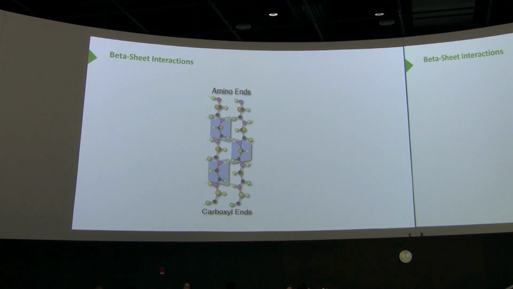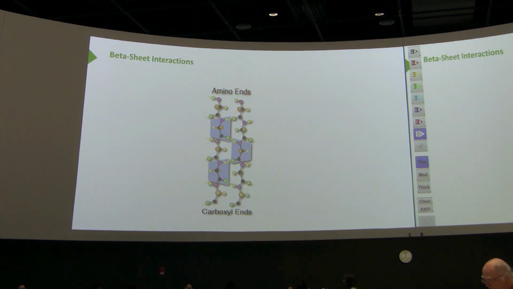So you see in the middle, for example, here, you see that you have orange, purple, black, and you see orange, purple, black. That would be parallel. And this is parallel, like I said, because you have carboxyl ends lined up the same as the amino ends.